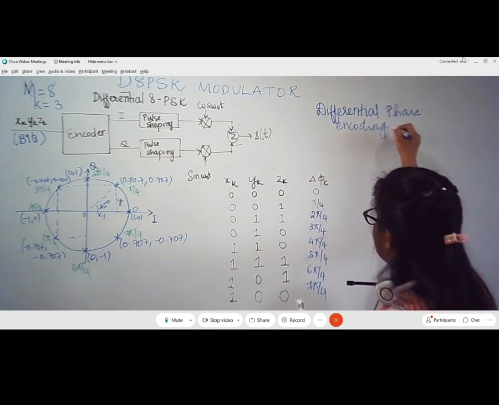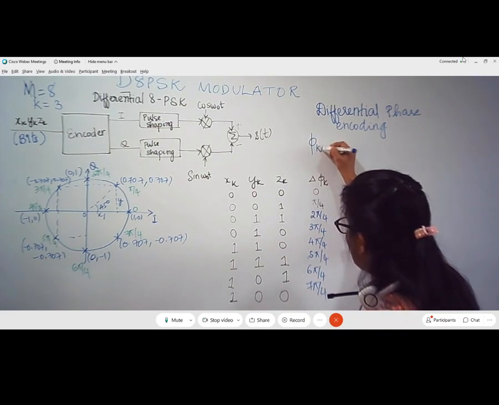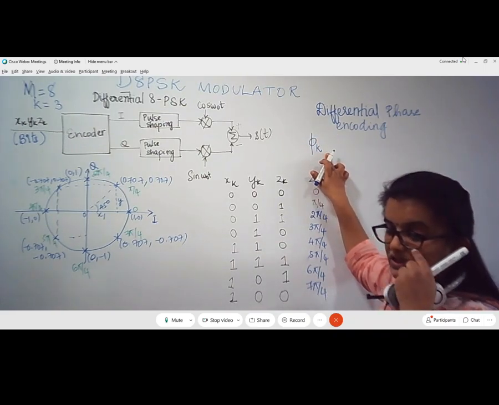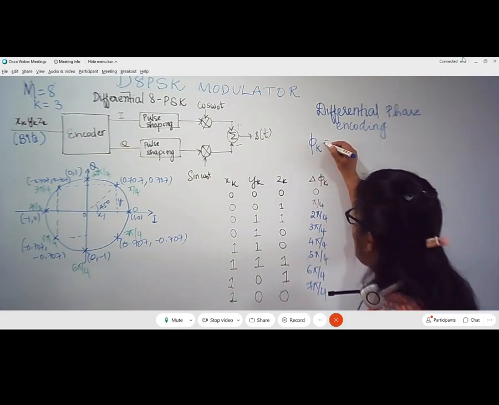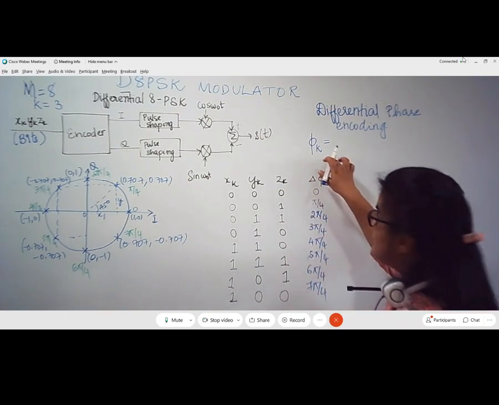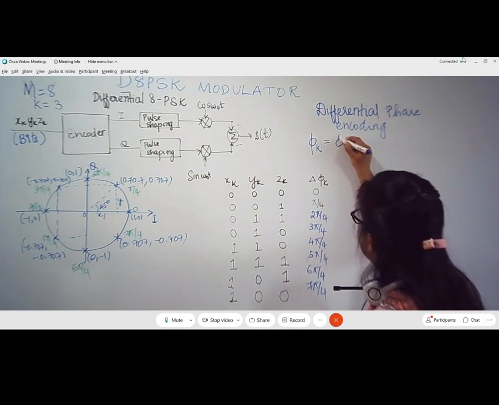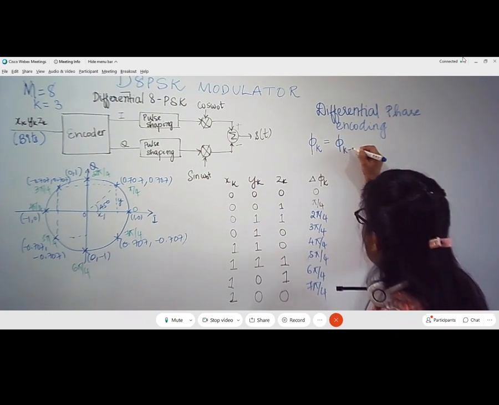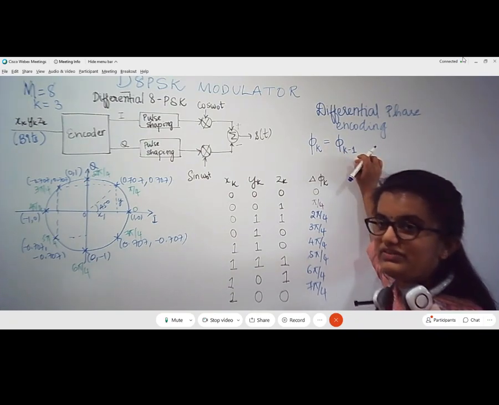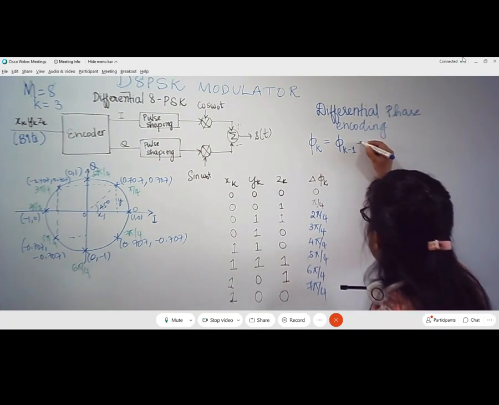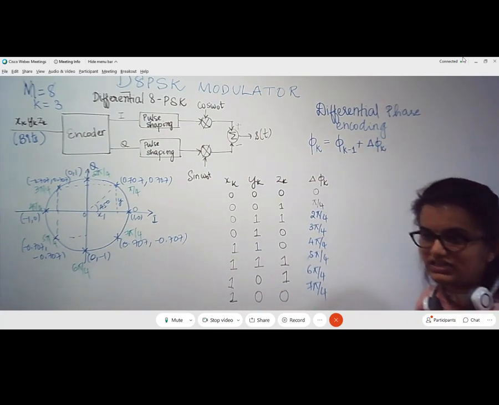The algorithm we use here is: to transmit the phase at time instance k, the phase at time k will be the phase of the previously transmitted symbol plus the differential phase recognized for that particular bit stream.